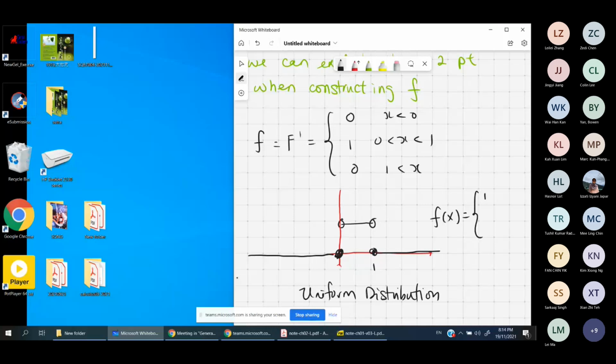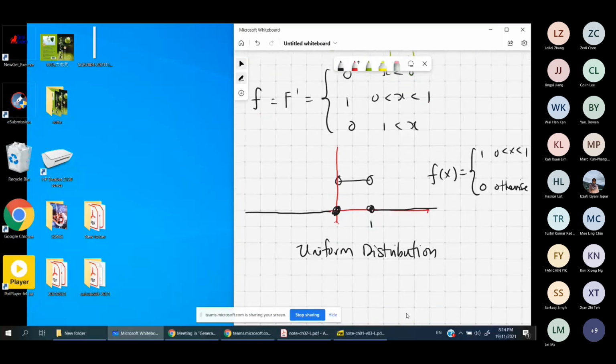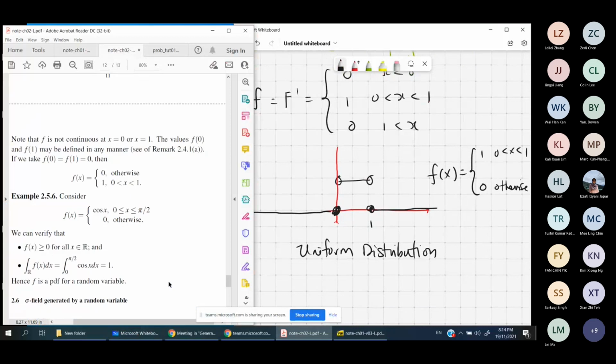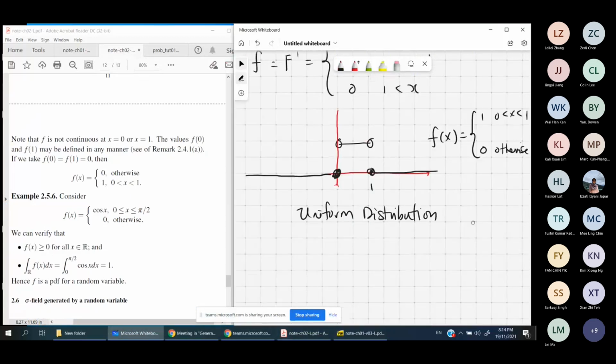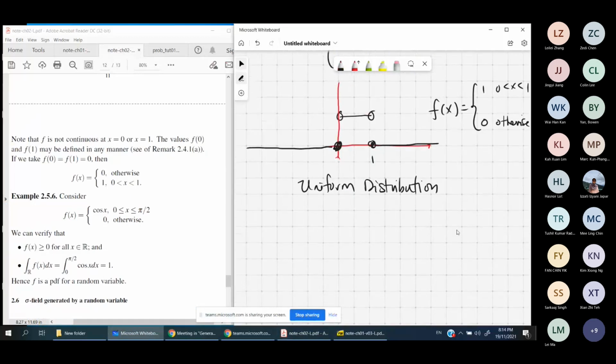That is 1 whenever x is from 0 to 1, and 0 for other values.